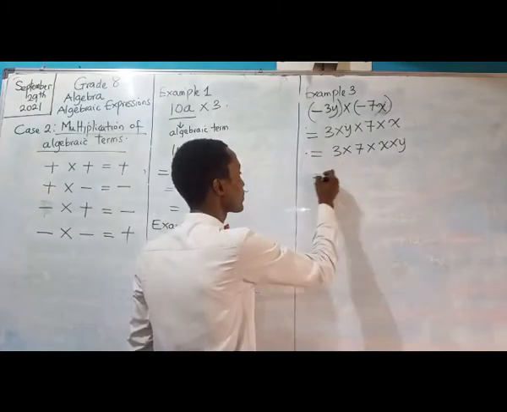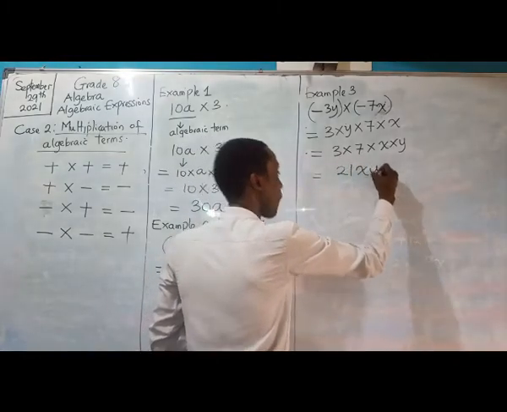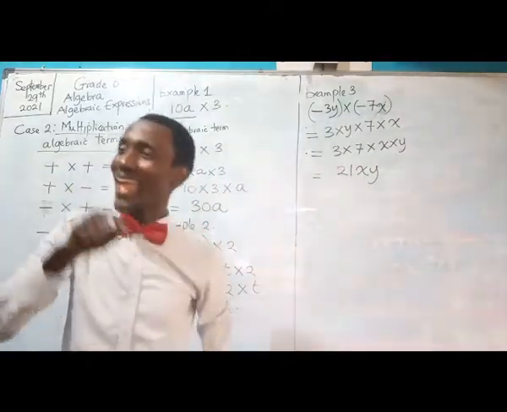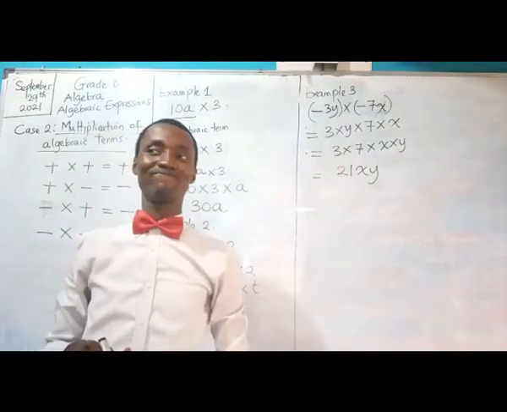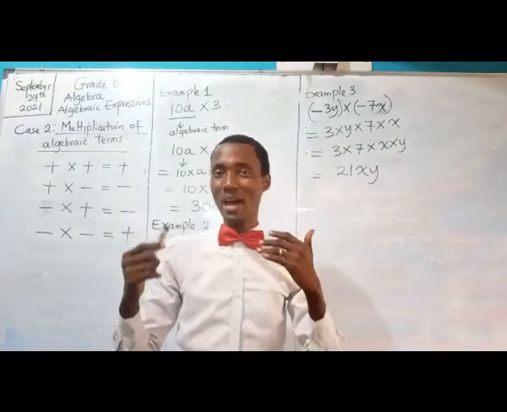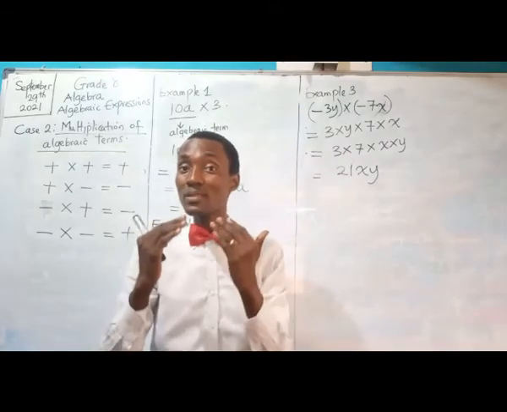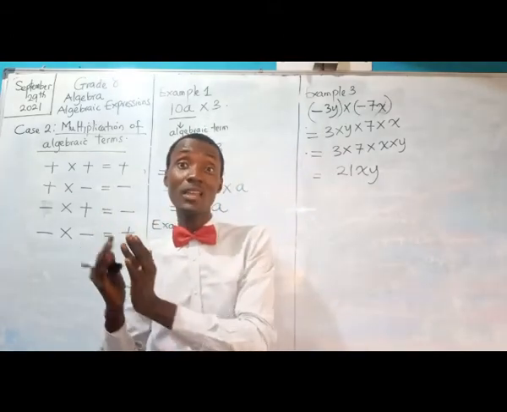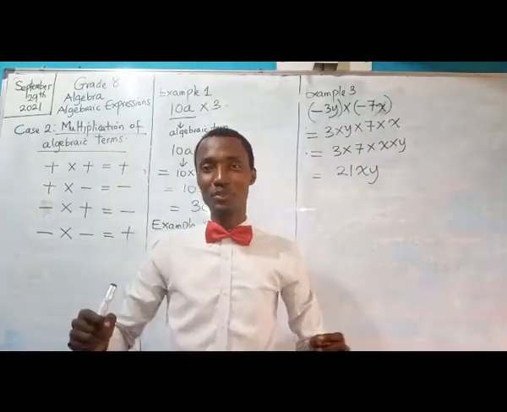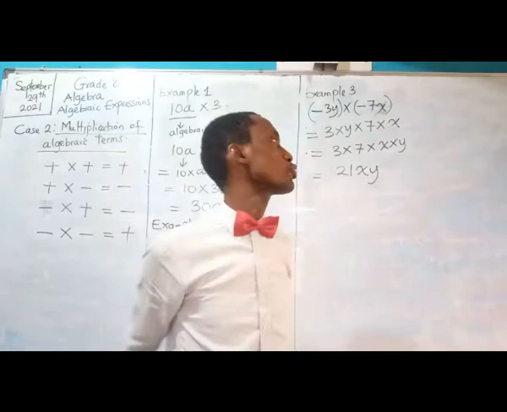So my answer will be 21xy. Not yx. Do you get it? So this is the beautiful thing about maths. We try to take you step by step so that you understand why you're doing certain things and why those things have to be done. Once you get this, the math experience becomes easy.